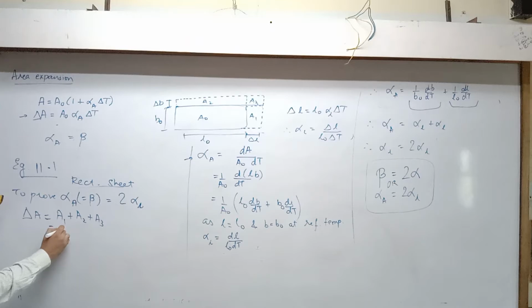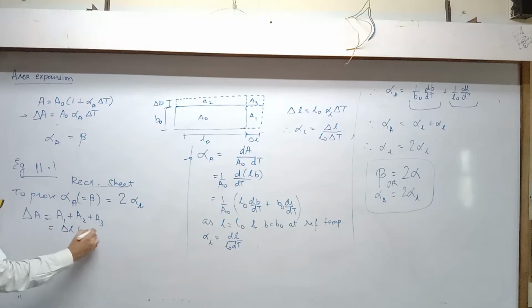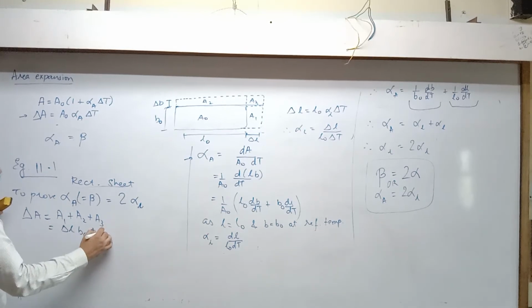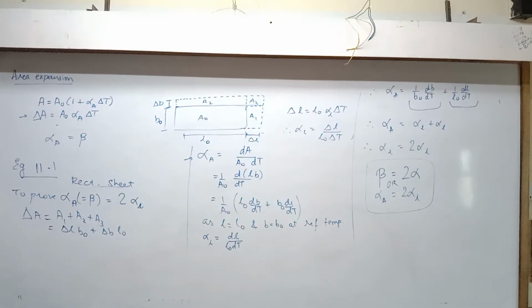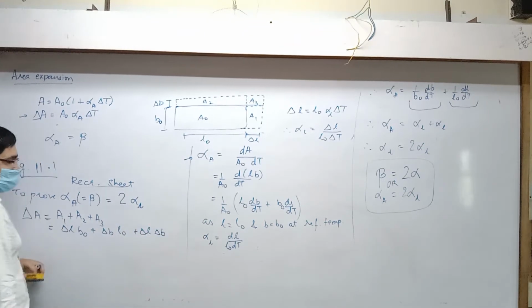Do you agree A1 is delta L into B0? Rectangle is A1. Do you agree that A2 is delta B into L0? Clear so far? Now what is A3? A3 is delta L into delta B. Right?